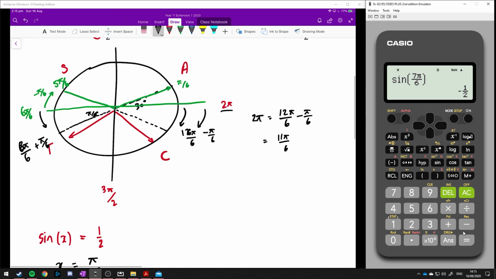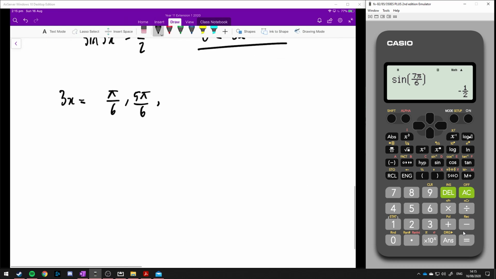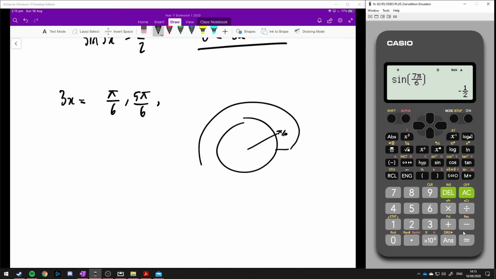If you think about it, here's your circle. If pi on 6 is here, and 2 pi is one revolution, we're adding an extra little bit.